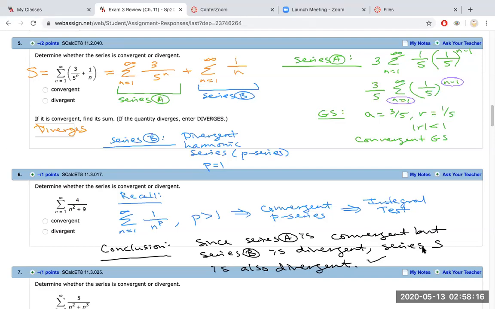Okay. Take a picture if you need it. For this particular one, I wouldn't need to see a bunch of detail written out. Definitely keep track of the P series and the harmonic series, which is a type of P series, so that you just automatically can refer to those conclusions here without having to go through all the intermediate steps.